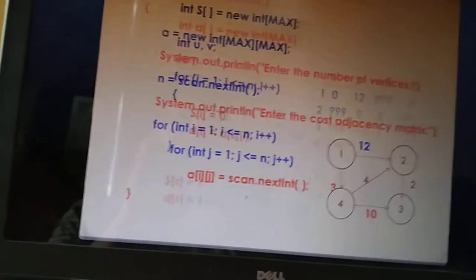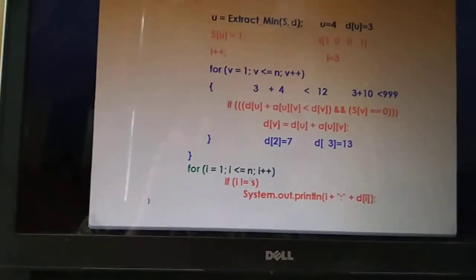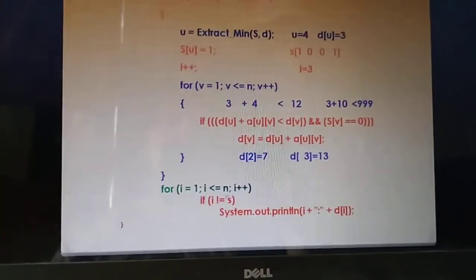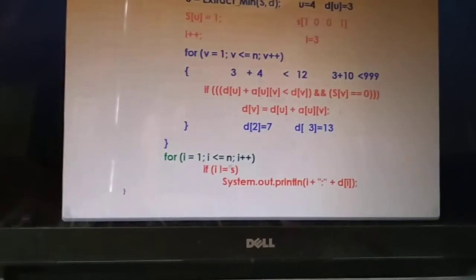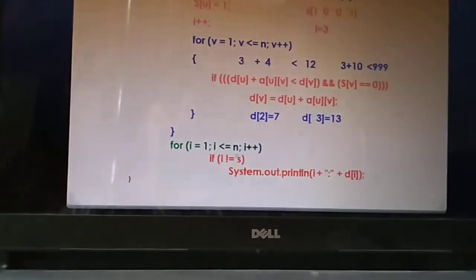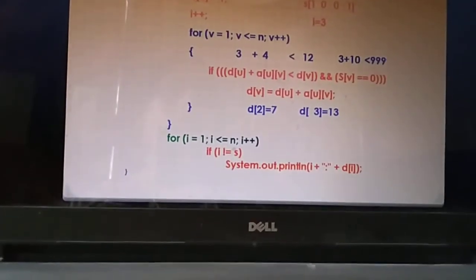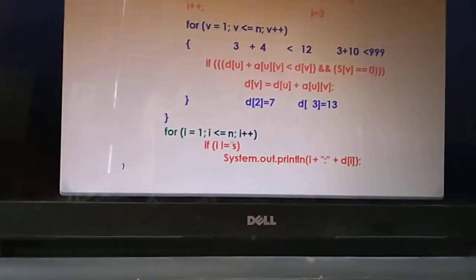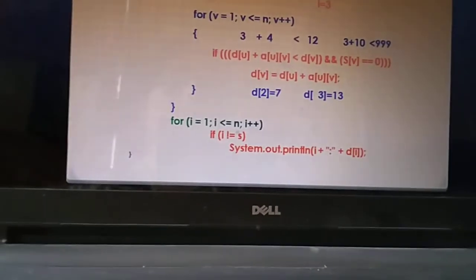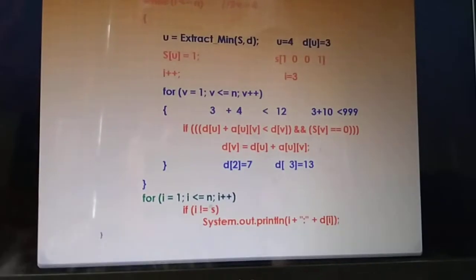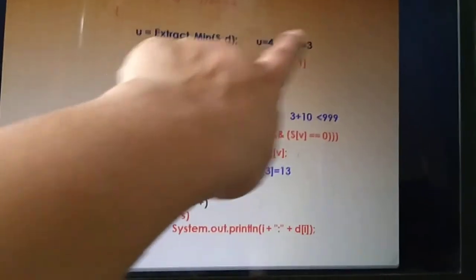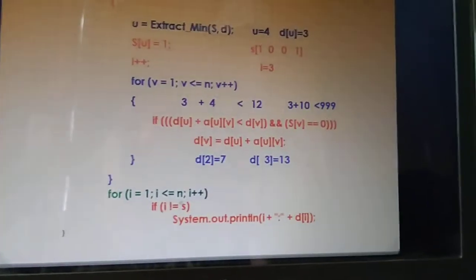So like this, in each iteration we will call the function extract minimum, and we will consider the U and the D of U. As I already explained while explaining the algorithm with an example, you take some example and try to trace this particular program. Extract min is a function where you will be finding the U and the D of U in each iteration.